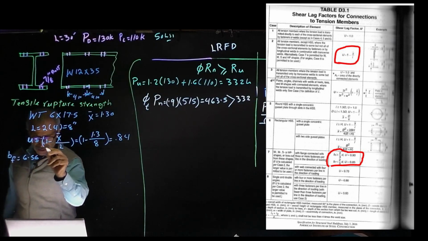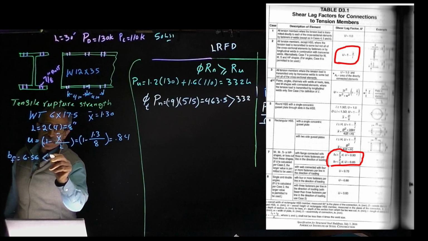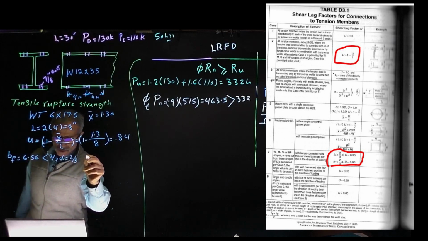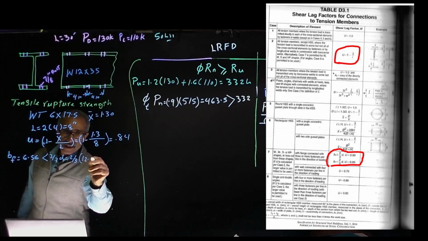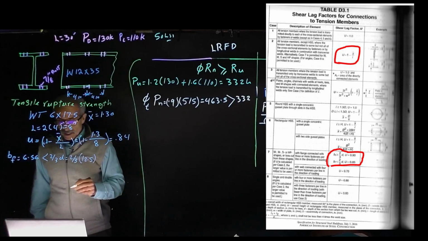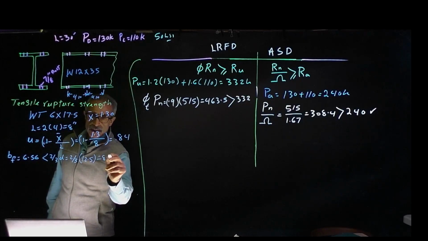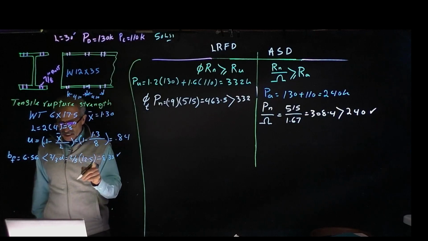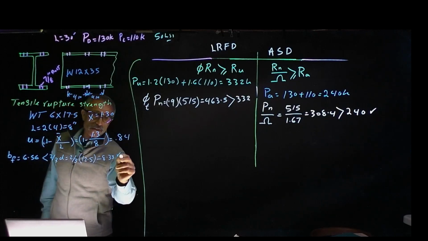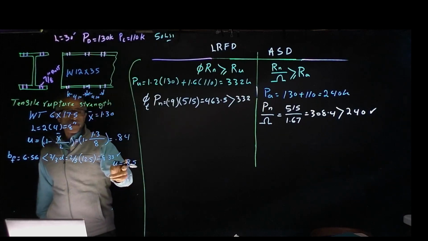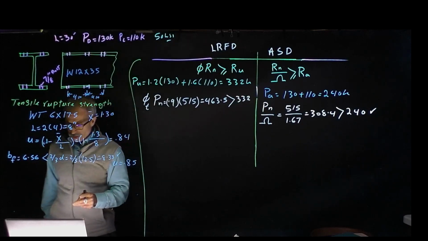So that should be less than 2/3 of D, which is 2/3 times 12.5, based on the information we have from the table. And that comes out to 8.33 inches. So that checks out. Therefore, we can use U equal 0.85. And we have the bigger of these two controls, so 0.85 controls.